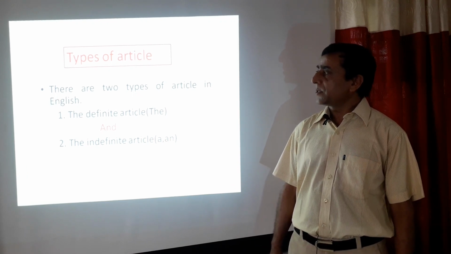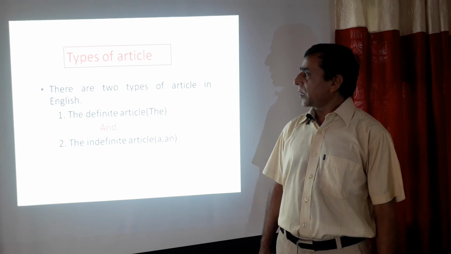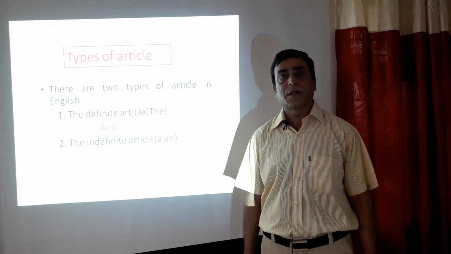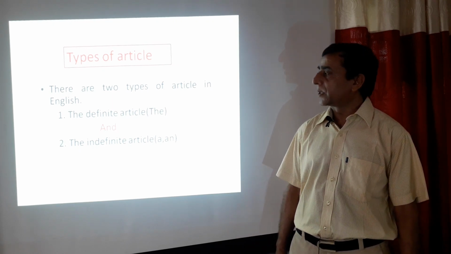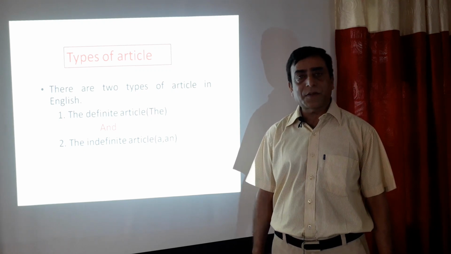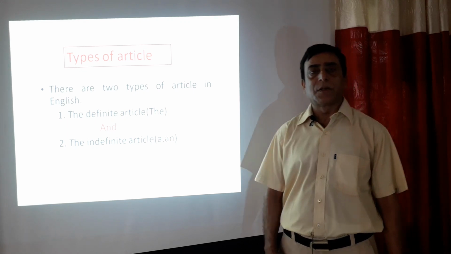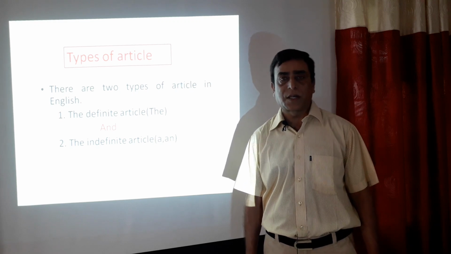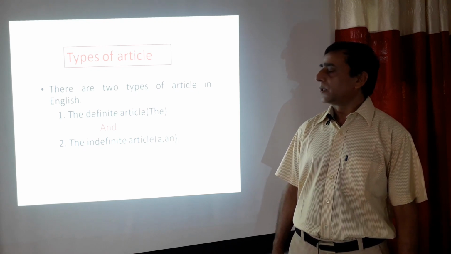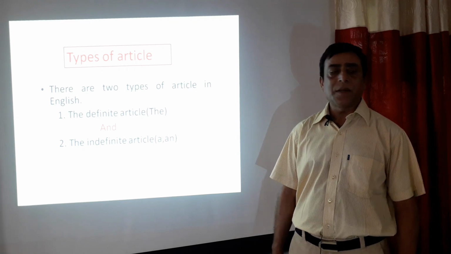Now, dear students, let's know the types of article. Generally, there are two types of article in English grammar. The first one is the definite article, the, and the second one is the indefinite article, a and an. You should be clear.